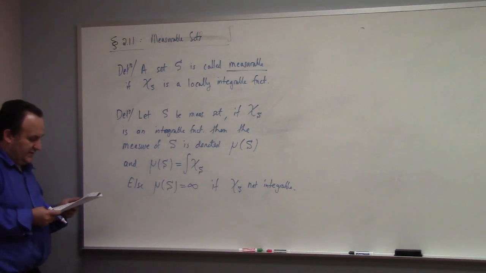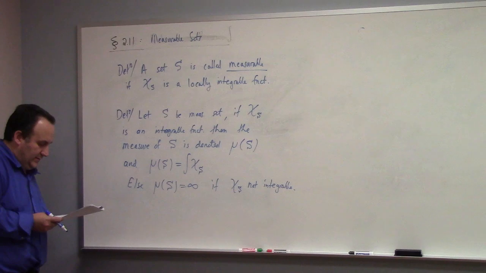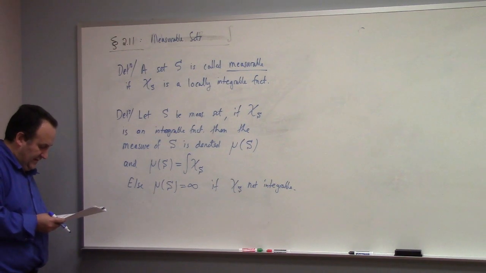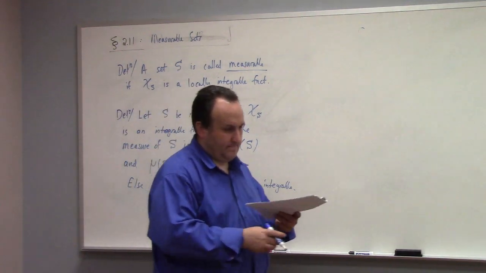He says null sets are sets whose measure is 0. And he says the following theorem gives a useful tool for proving that a set is a null set. All right.